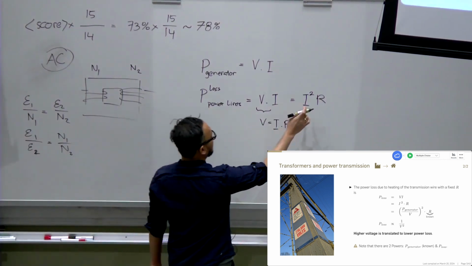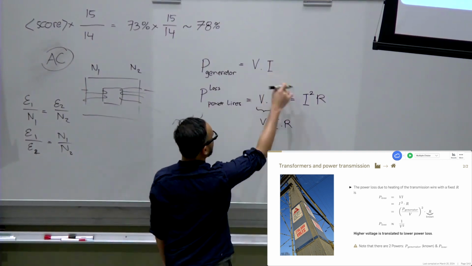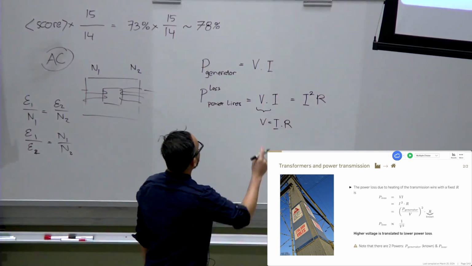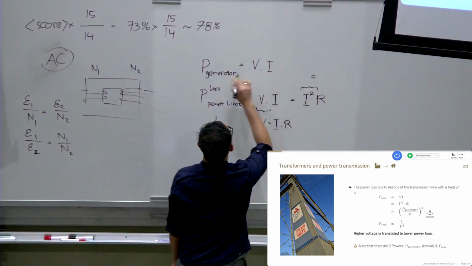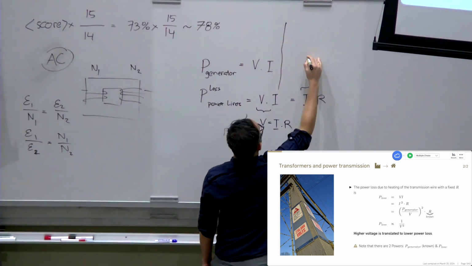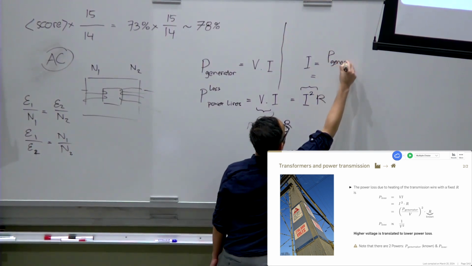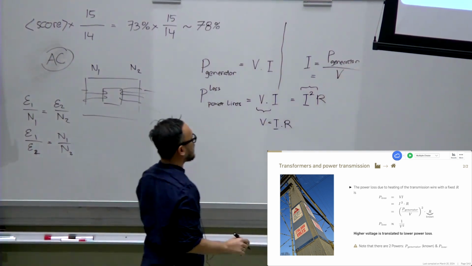And then this current is the same as this current, because this is the one that you want to transfer. So using the equation on the top, I is equal to P generator divided by the voltage that you want.